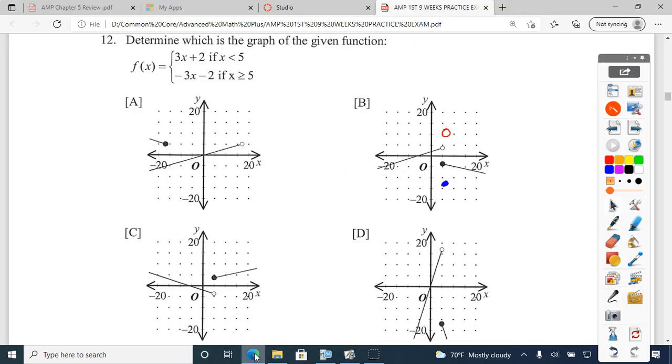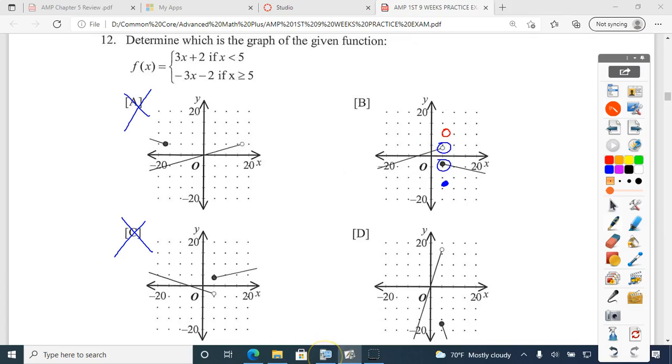Let's see here. Well, I know it's not A. I know it's not C. Here's my two choices. These two, B, seem a lot closer than they should be.